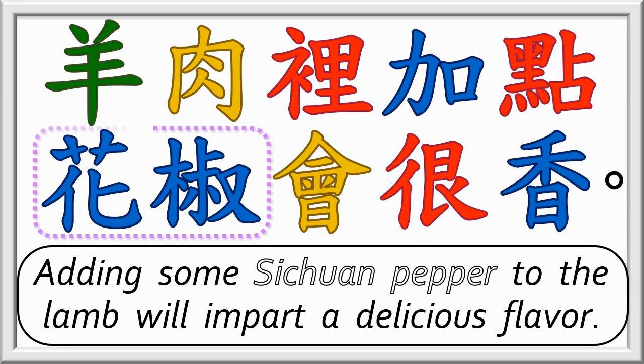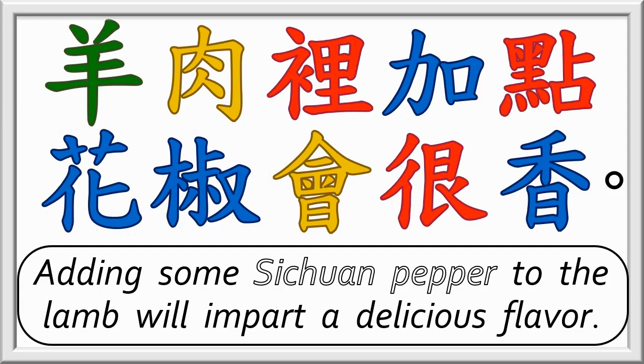The character jiao originally referred to the Chinese Sichuan pepper plant, which is now called huajiao if you want to add it to your spice rack. Other varieties of peppers at the market, such as green bell peppers, are simply called qingjiao, with qing meaning green. 羊肉里加一点花椒会很香.